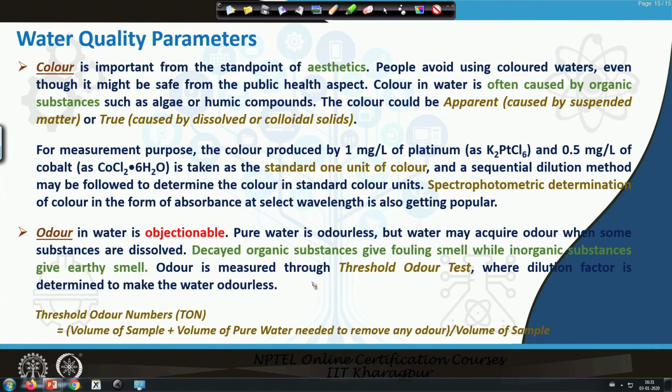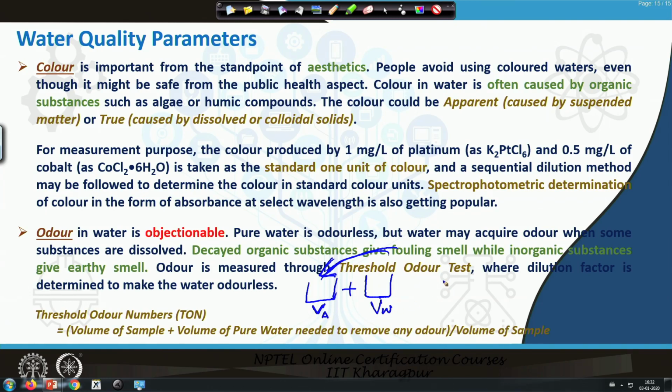So, let us say we have a sample of volume VA, and this has a certain odor. We keep adding pure, odorless water to it until it becomes odorless. Let us say we required VW volume of pure water to make this odorless.